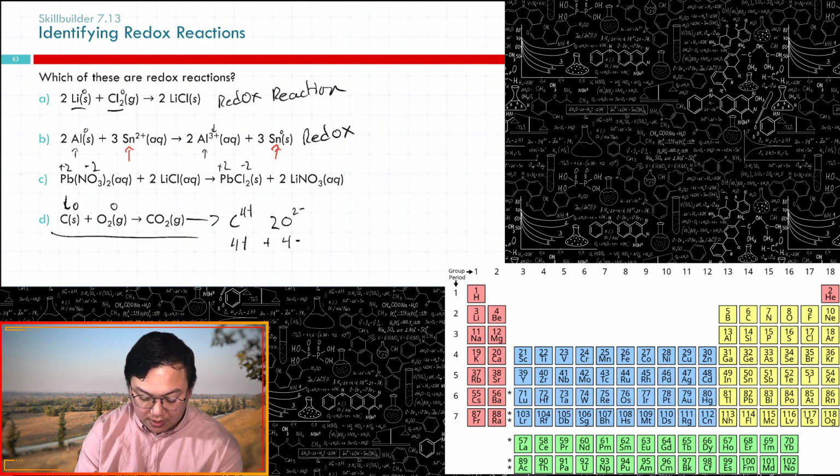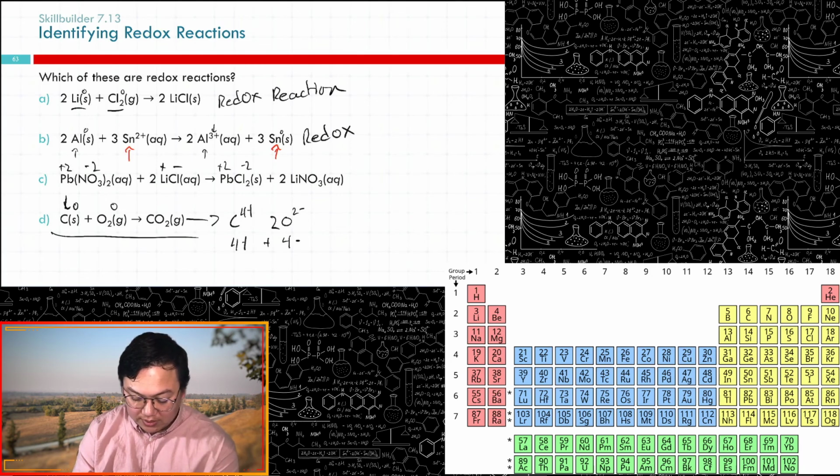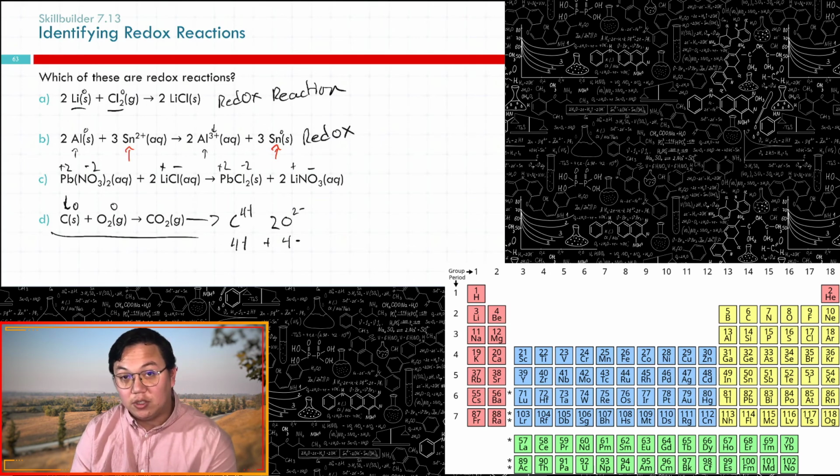If we look at lithium, it's the same thing. We have 1 chlorine, that's a 1- charge, so lithium, being in group 1A, has a plus charge. And this lithium on the right side, again, nitrate is a -1, so lithium is plus. So nothing has changed its charge.